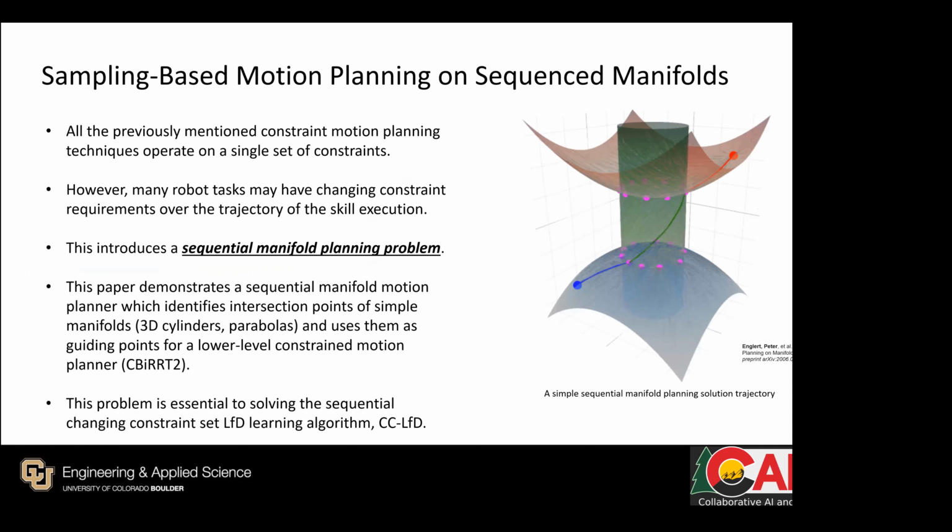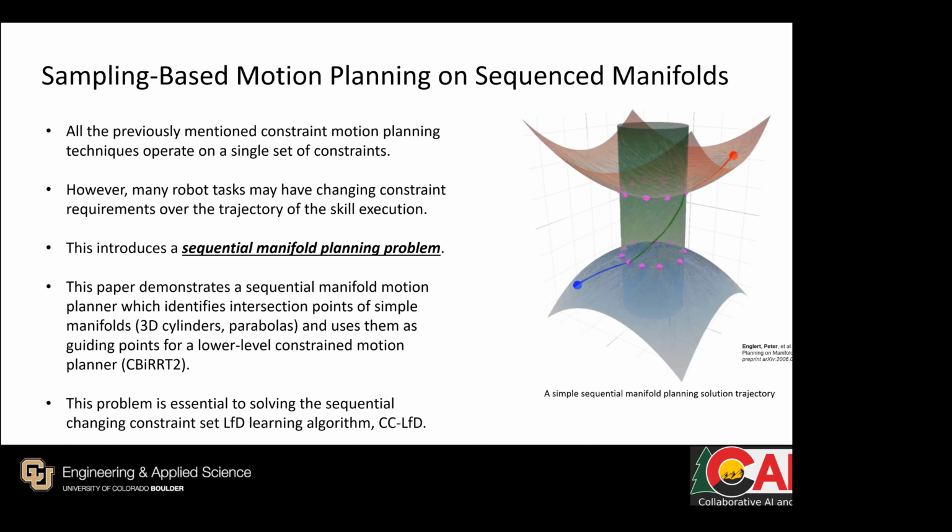So for example, an orientation constraint might only be pertinent once you actually pick up the cup. And so during the sequence of that motion plan, that orientation constraint only starts applying at some time down the execution of the trajectory. And so this introduces what is called the sequential manifold planning problem.